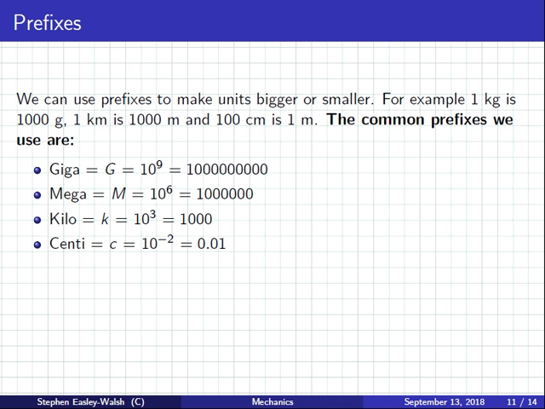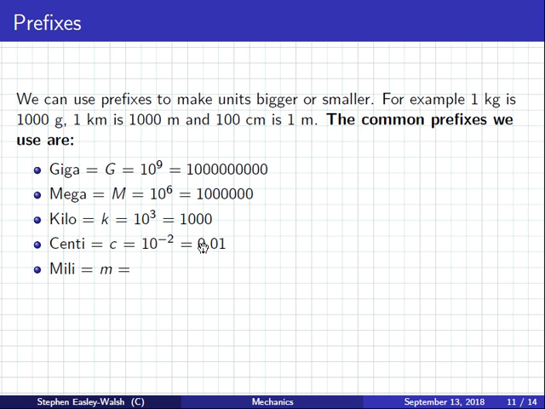Right. What's the next one? What's after centi? What's smaller than centi? What's the next one down? Think about your ruler. Do you have a ruler? What's smaller than centi? What's that called? Okay. It's milli.